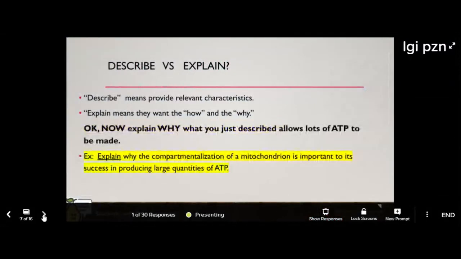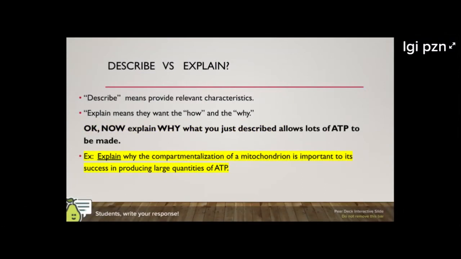Now go to the explain. This is a little harder. Explain why the compartmentalization of a mitochondrion is important to its success in making lots of ATP. Now here, you may have to really go back into your memory about aerobic respiration, right? Why were there two chemical compartments there?